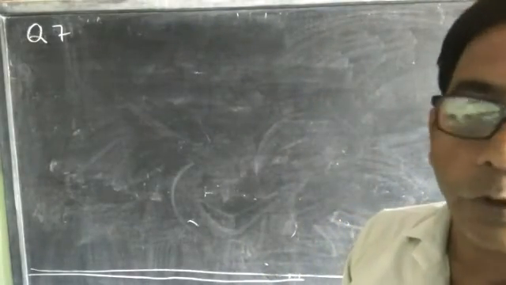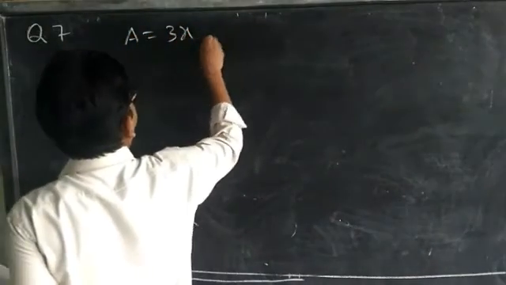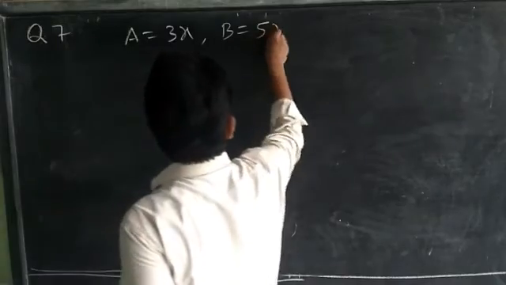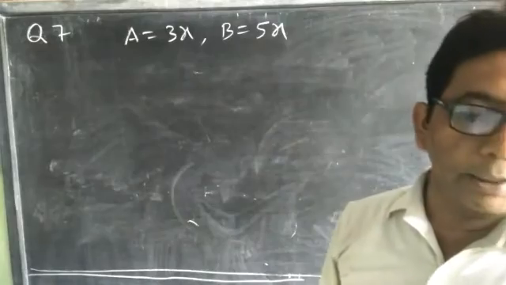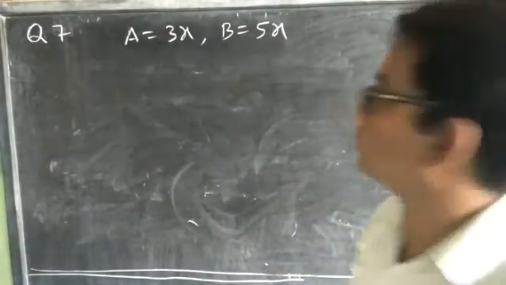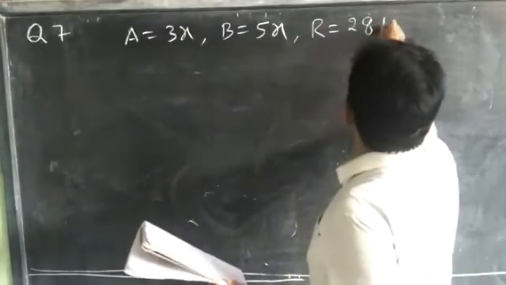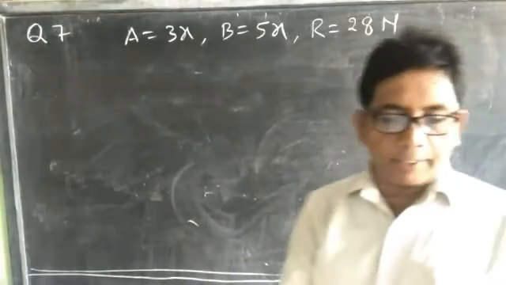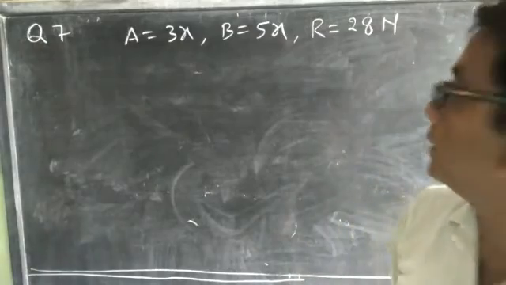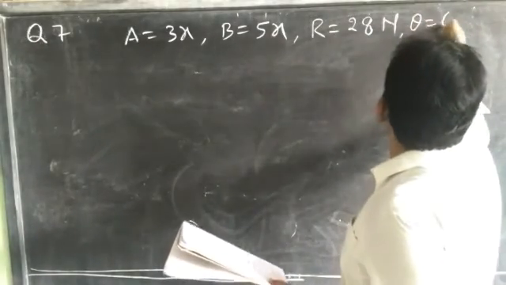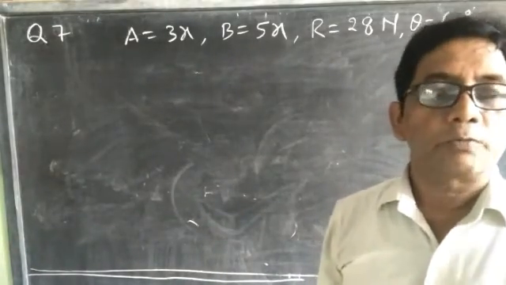Let force A is equal to 3x and B is equal to 5x. Two forces whose magnitudes are in the ratio 3:5 give a resultant force of 28 Newton. Resultant force R is equal to 28 Newton. If the angle of their inclination is 60 degree, that is theta is equal to 60 degree, find the magnitude of each force.